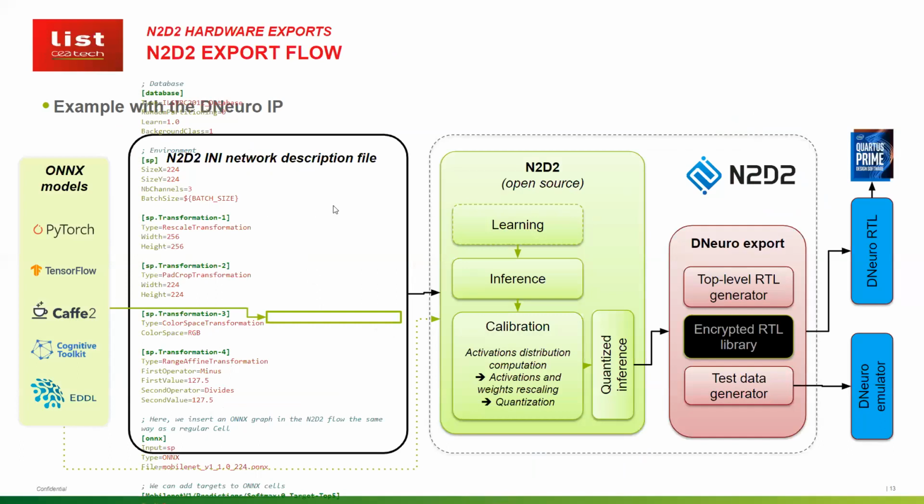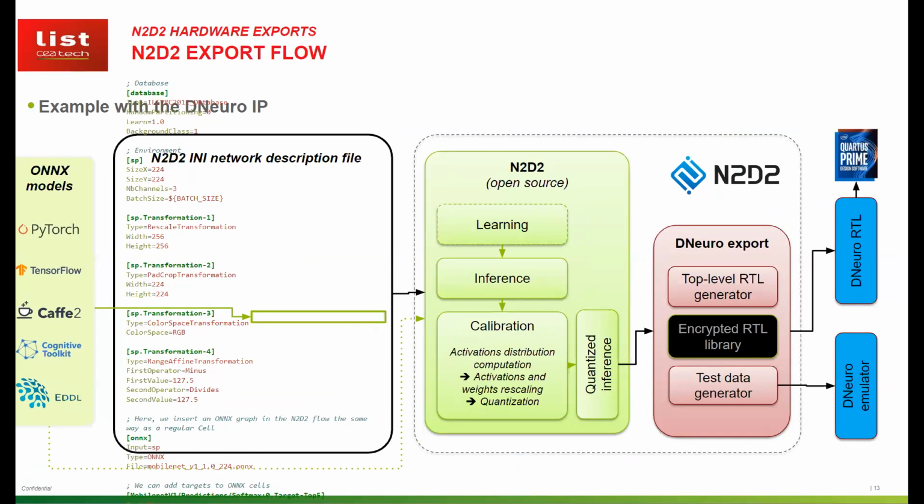This shows the idea of the export. The example we took is for the FPGA with our own IP called DNN. We start with a description in the native format, and after that we can recalibrate our network as we've seen here.